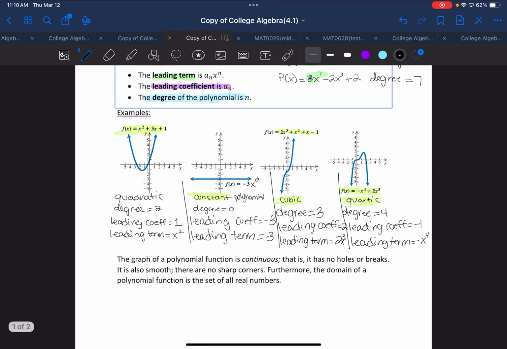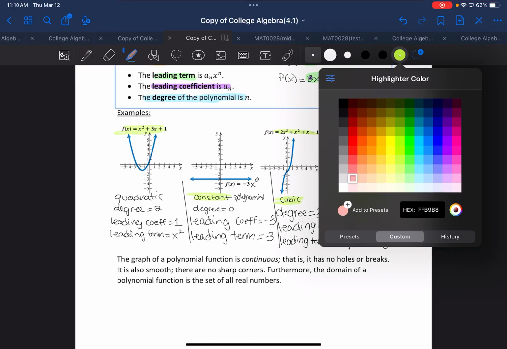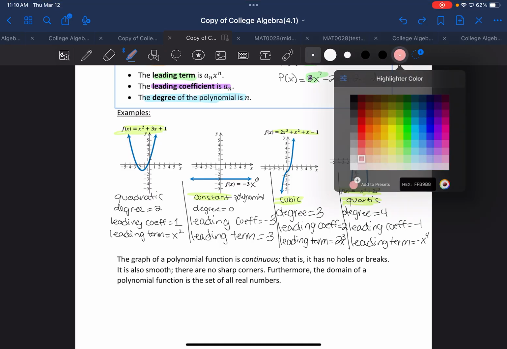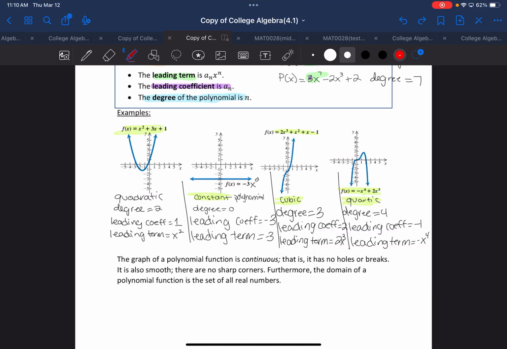So this note down here says that the graph of a polynomial function is continuous. So this means that there's no holes in my graph. Continuous means I can start with my pencil and trace my graph from left to right, and I'm using the quadratic as an example here, and I never have to pick up my pencil.